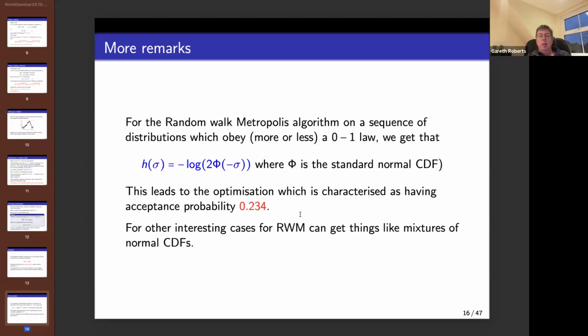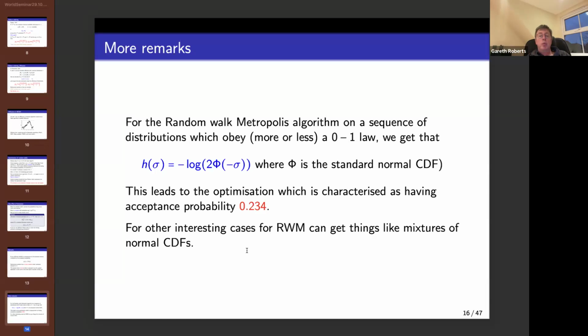For the random walk Metropolis algorithm, for instance, the function h looks like minus the log of 2 times phi of minus sigma over 2. And you can get things like optimal acceptance rates of 0.234 from these kinds of problems.